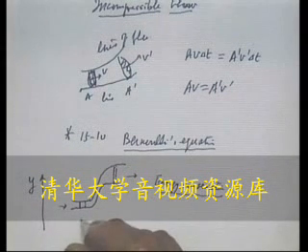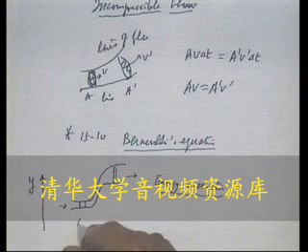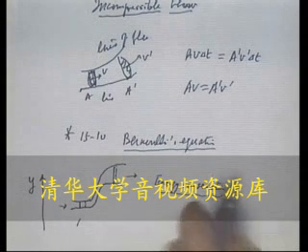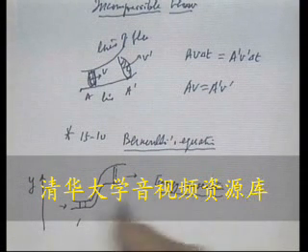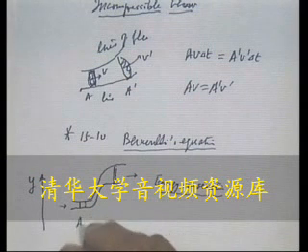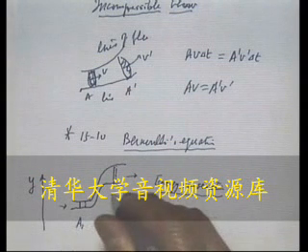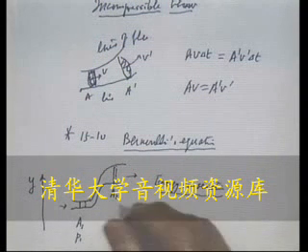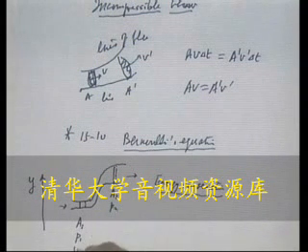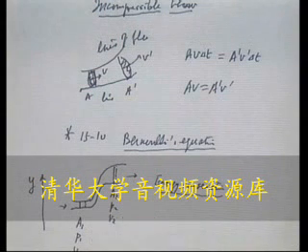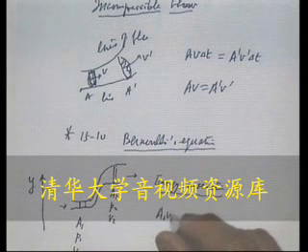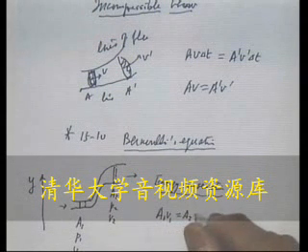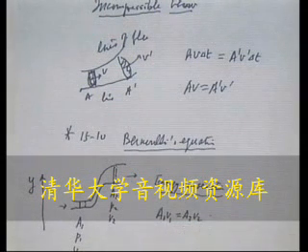So at this point, there is an area A1 and here is A2. At this point, there's pressure P1, there's pressure P2. At this point, there's V1, there's V2. Now we know A1 V1 is equal to A2 V2. We already had that.